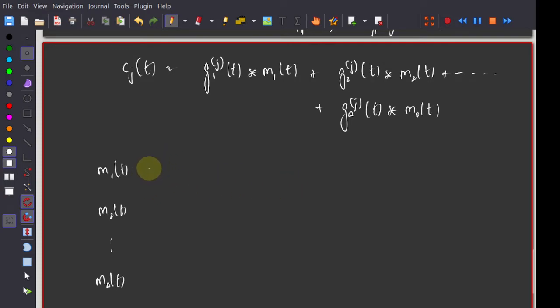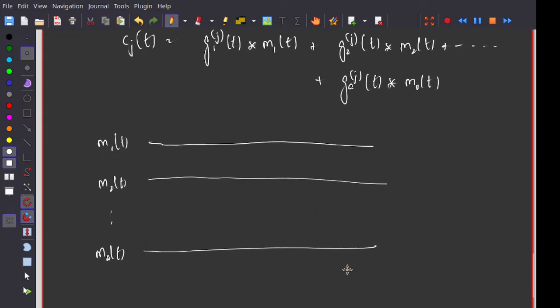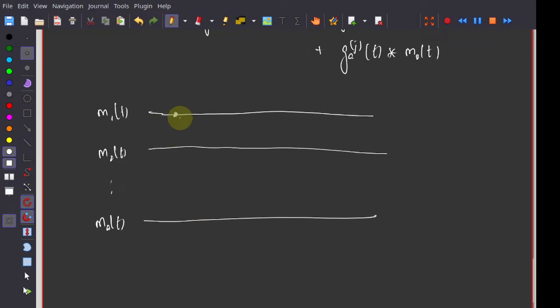All of these pass through filters G11, G21, and so on up to GA1. Take all of these and add them up to get C1.